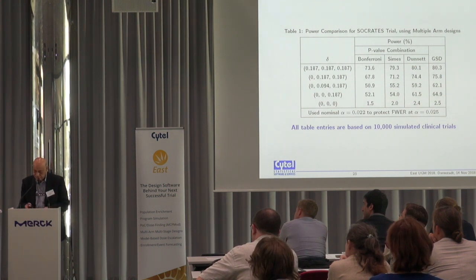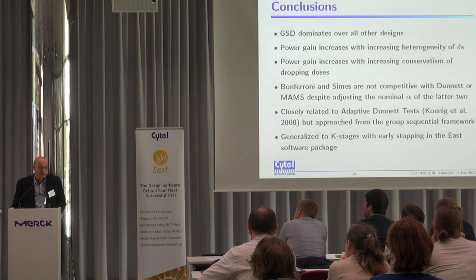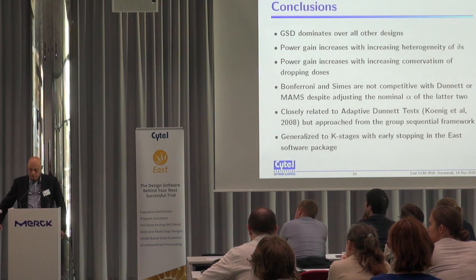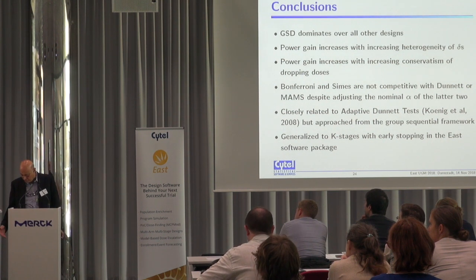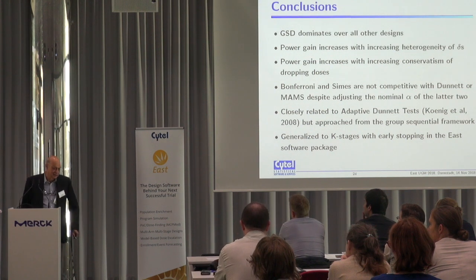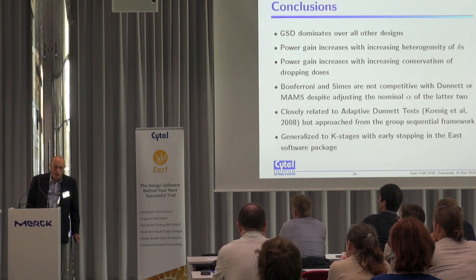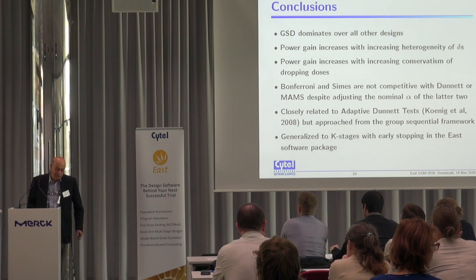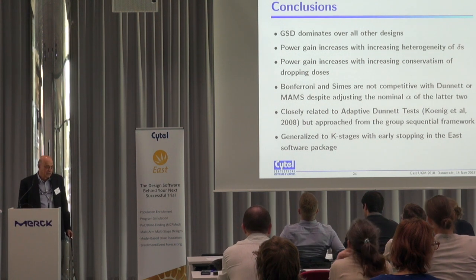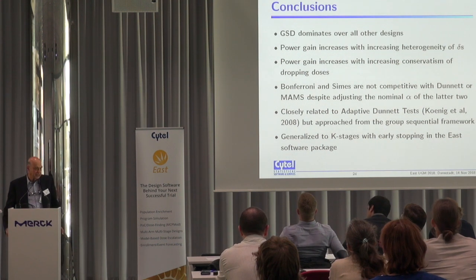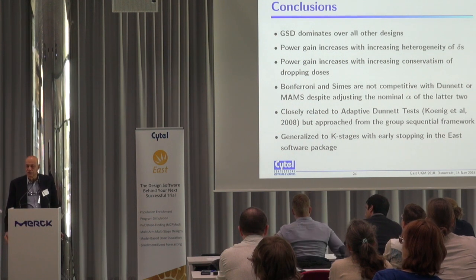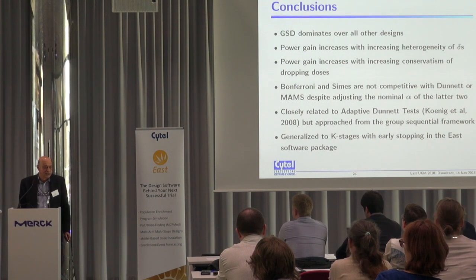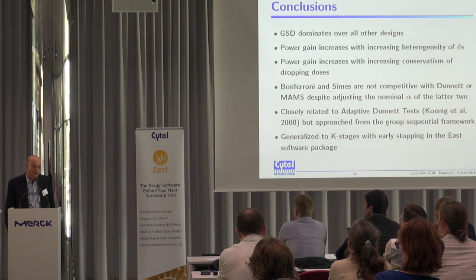So, in conclusion, the group sequential approach with closed testing and controlling the type 1 error by adaptive methods dominates over the p-value combination, with power gains that increase with increasing heterogeneity of the deltas, and the power gains also increase with increasing conservatism of dropping the doses.